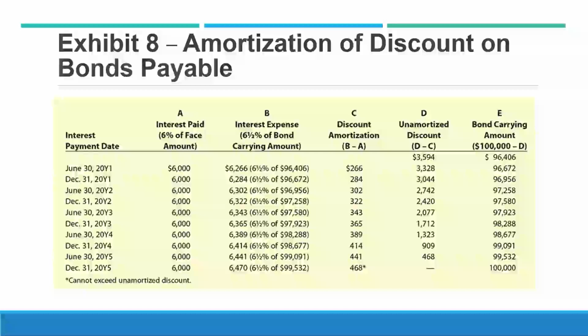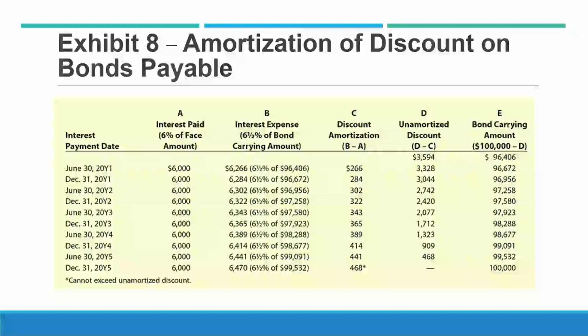And then when we're calculating this journal entry, under straight line amortization, we calculate the discount amortization first because we divide the discount and do equal amortization over all the periods. In this method, we calculate the interest first and the discount amortization is plugged.